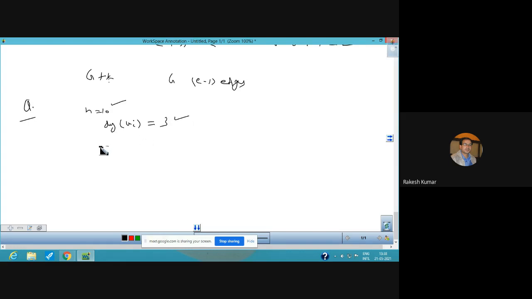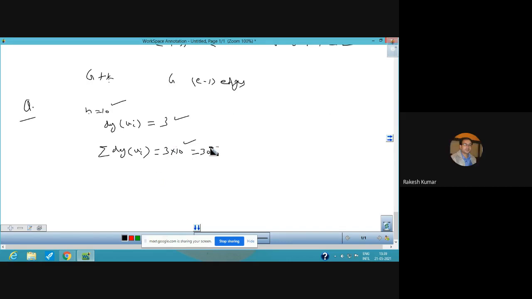We know that in a connected planar graph the sum of the degrees of the Vi's will be 3 into 10, because every vertex has degree 3 and there are 10 vertices. So 10 into 3 will be 30, the sum of the degrees.